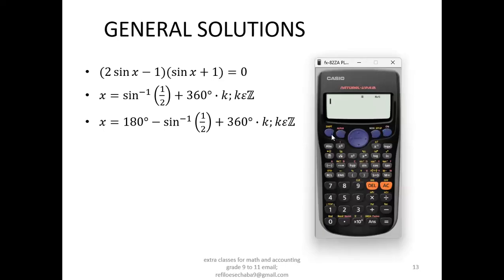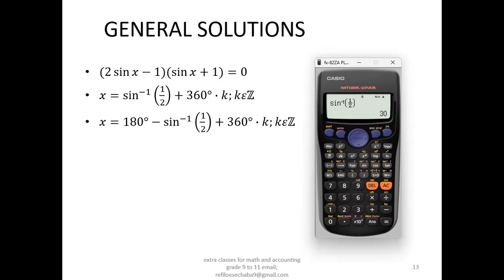Let us check. The inverse sine of 1 over 2, how much does it give us? If you know your special angles, this should be quite easy. It simply gives you 30 degrees, and that will be the angle.